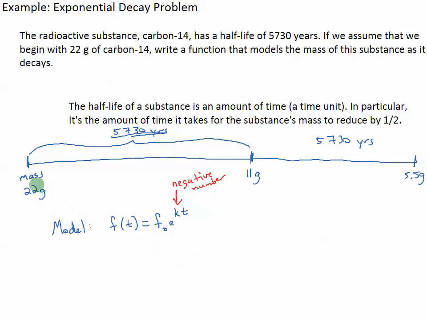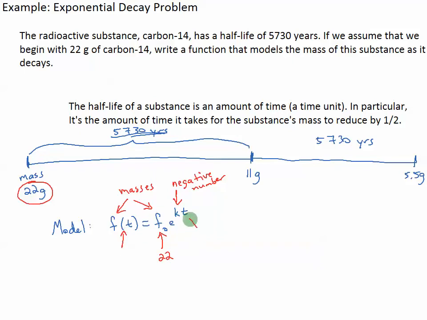We also know that our starting mass is 22 grams. So our starting value here is 22. So now the function, these values for f, will be masses. These will each be a mass. So they'll measure grams. The mass after a certain time period is what f of t is.